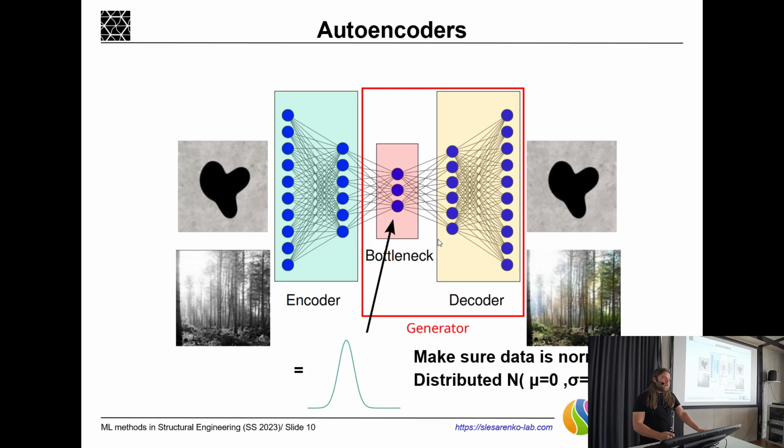But if we pick a value between 0 and 1, just some arbitrary value there, and our training data is nicely distributed between 0 and 1, we can just pick a value there. Just pick, for example, 0.2.